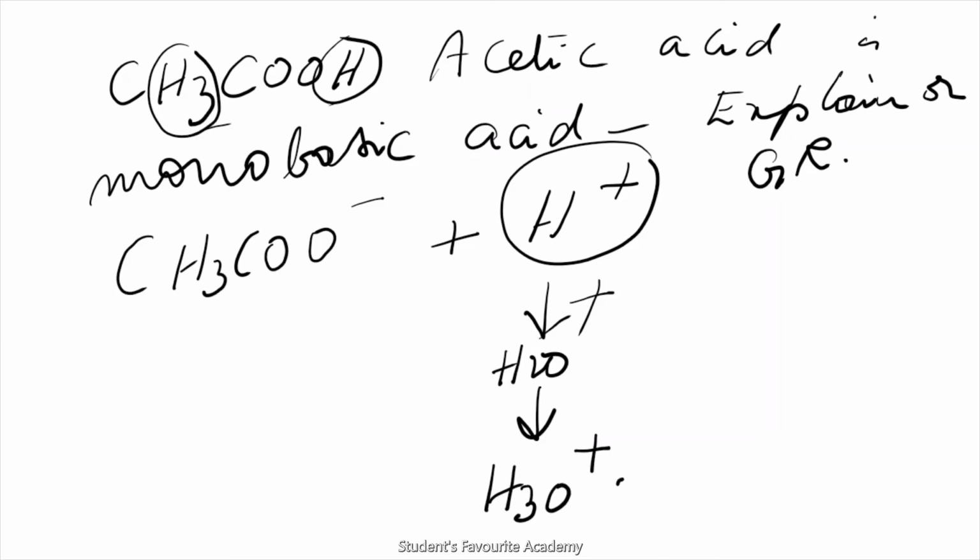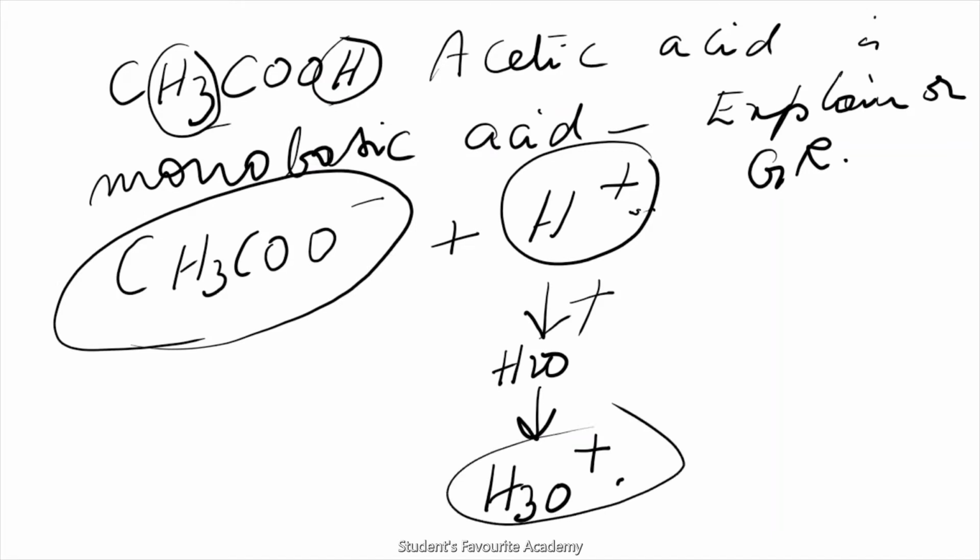So that is why acetic acid, though it has 4 hydrogen atoms in its molecule, is still a monobasic acid, because when it is dissolved in water, it splits up as acetate ion, CH3COO-, and 1 H+ ion, and this 1 H+ ion generates 1 hydronium ion, and that is why it is a monobasic acid. Okay, clear?